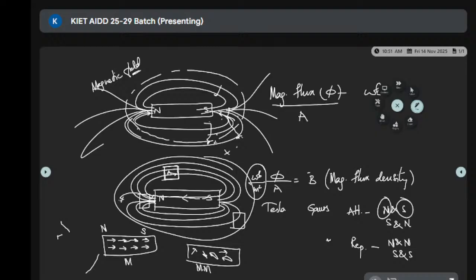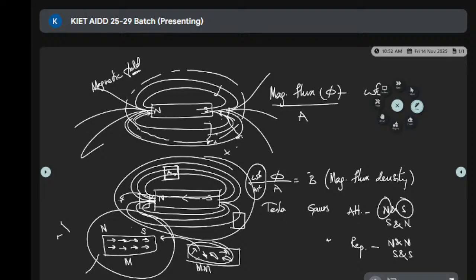But when this magnetic material is kept in a magnetic field, this random orientation changes to regular orientation. That is called induced. Then this will convert into a magnet. Induced magnetism.